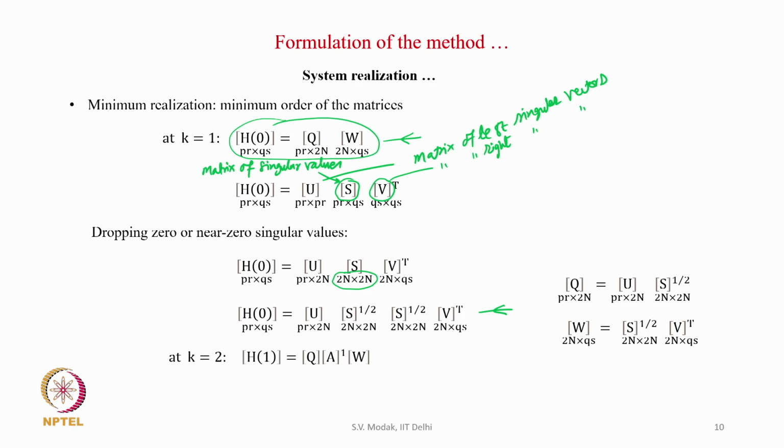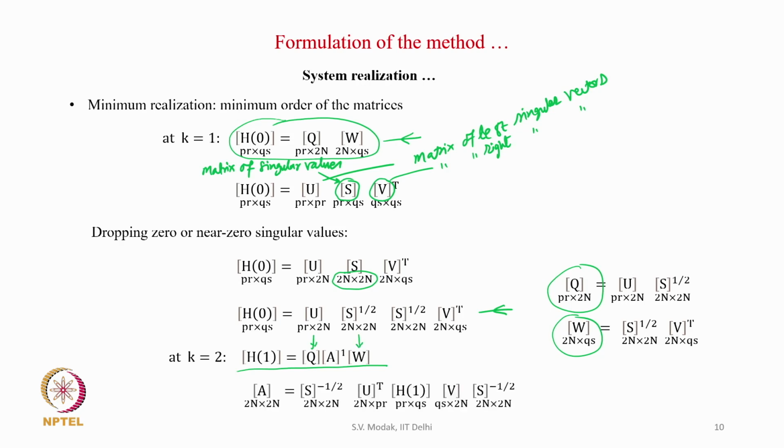Now, similarly at k is equal to 2, we can write the expression for the Block-Hankel matrix as H1 is equal to Q into A to the power 1 into W, and now we can substitute Q and W from these expressions. When that is done, we get this expression after shifting all the matrices other than A to the other side of the equation.